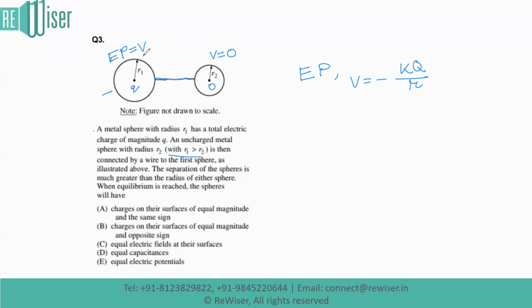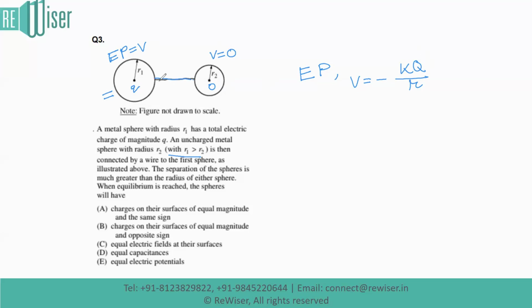That is for sure, because anything that has charge has electric potential. Now this sphere has charge equal to 0, so if we put Q equal to 0, we get potential equal to 0. That means the electric potential here is 0.